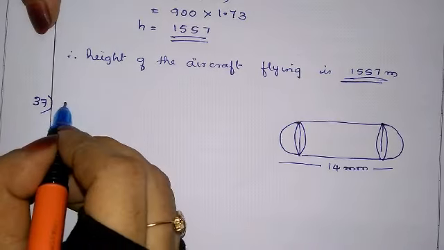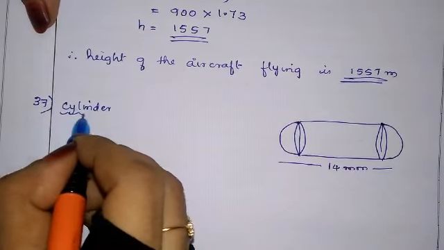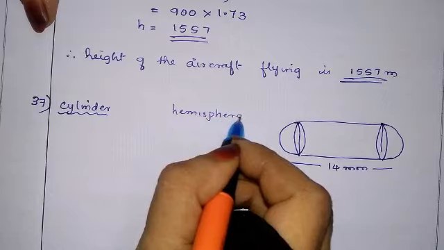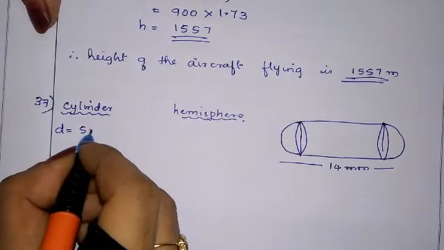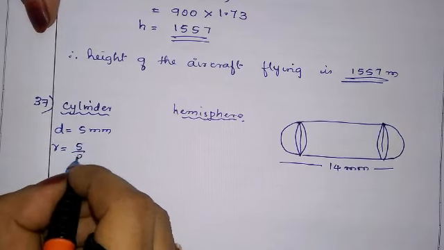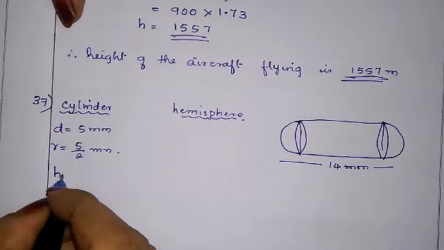This is of question number 37. It is given in cylinder, two things it is there, cylinder and hemisphere. So in cylinder, diameter is given 5 mm. So radius is nothing but 5 by 2 mm. And height of cylinder is not given.